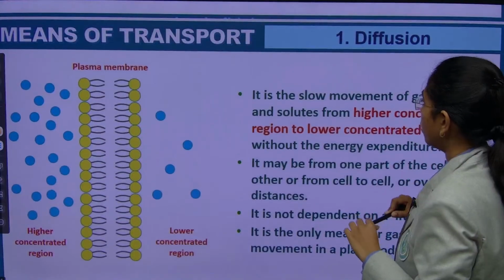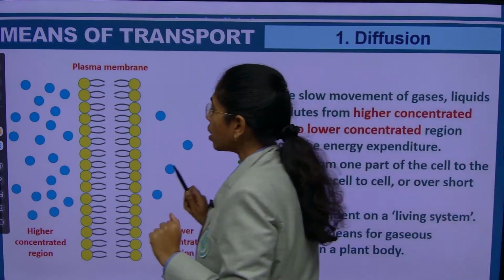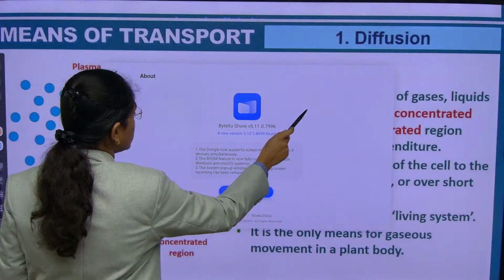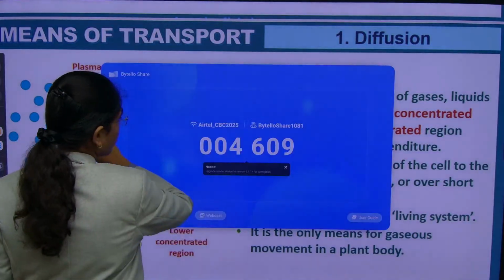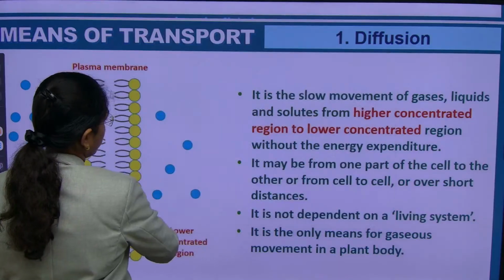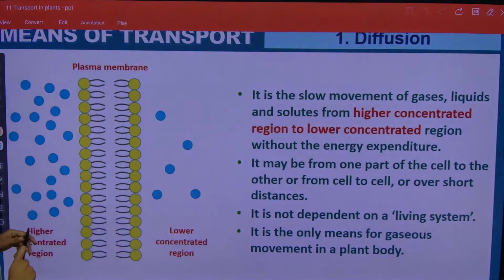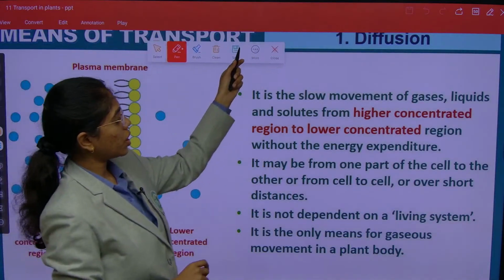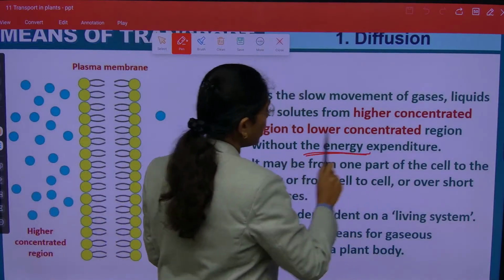First, diffusion. It is a slow movement of gases, liquids and solutes from high to low concentration that doesn't require any energy.